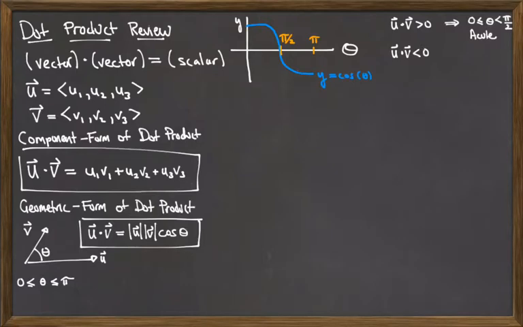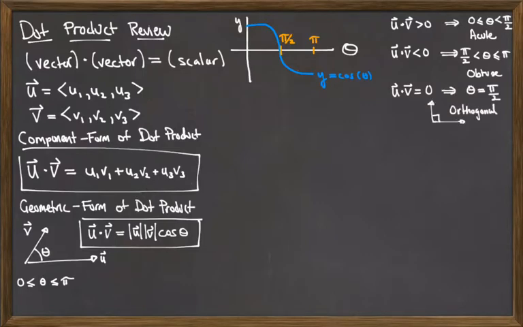If, on the other hand, I take the dot product and get a negative number, it must be because the cosine is negative, and that occurs when my angle is in the second quadrant, between pi over 2 and pi. In this case, the angle is obtuse. Now, of course, there's the third situation where my two vectors are non-zero, and I get 0 for their dot product.